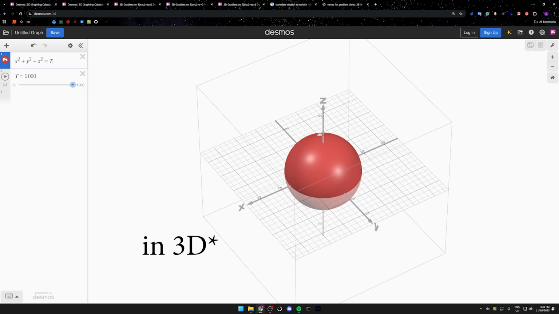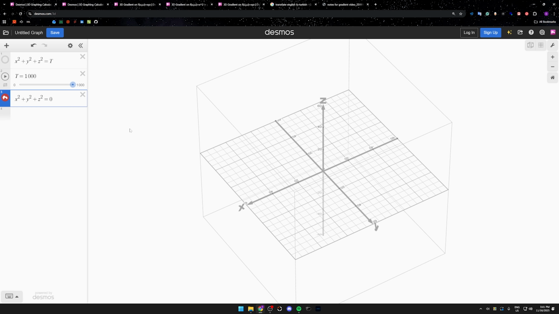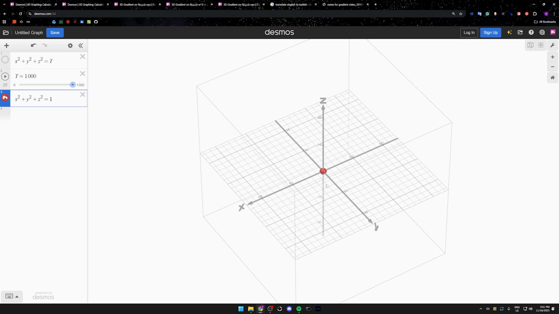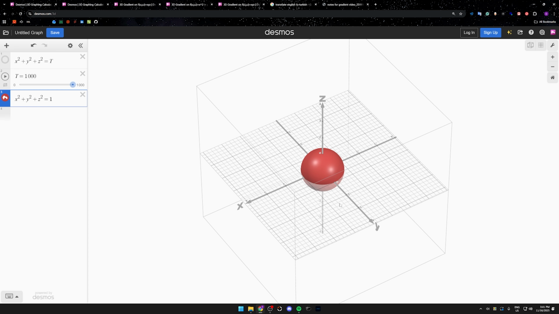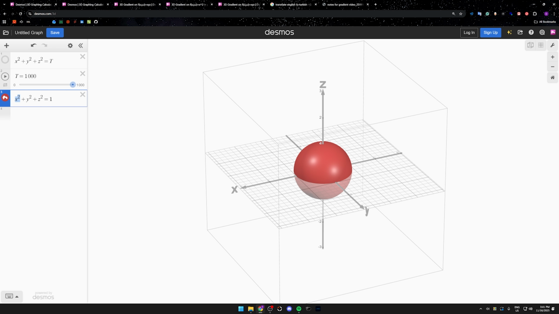So let's give t a number. Let's say t equals 0. We see nothing because that's just a dot in the origin. So let's say it's 1. We get a sphere. So if you think about it, x squared plus y squared equals z was a circle, kind of.